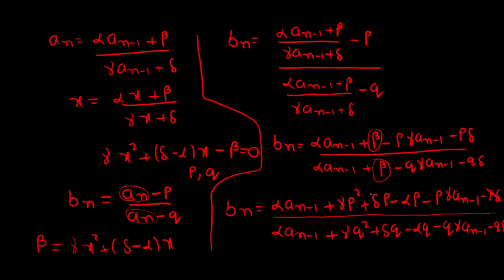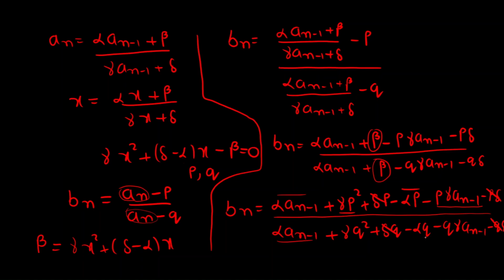Now we can cancel these terms and we'll do grouping in the other ones. What we'll get is, I'll group this term with this and this alpha term with this.